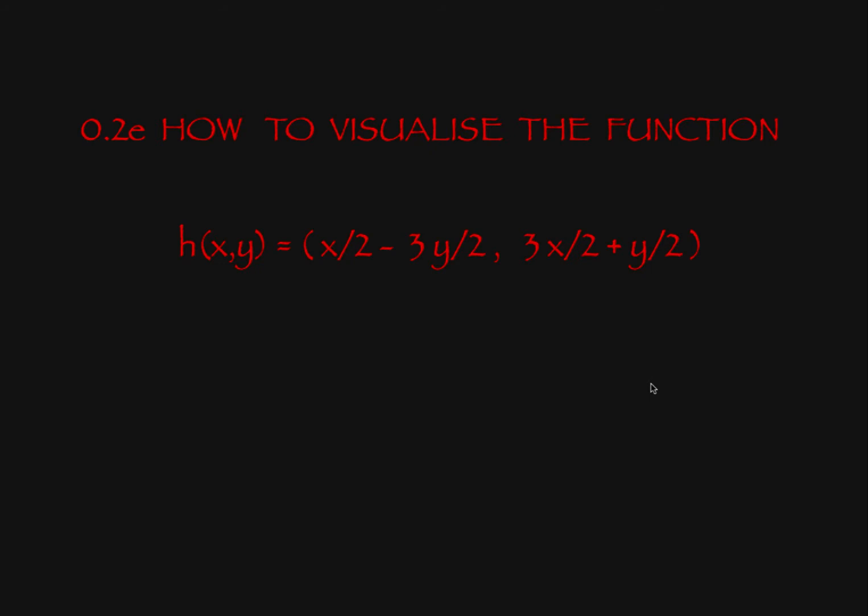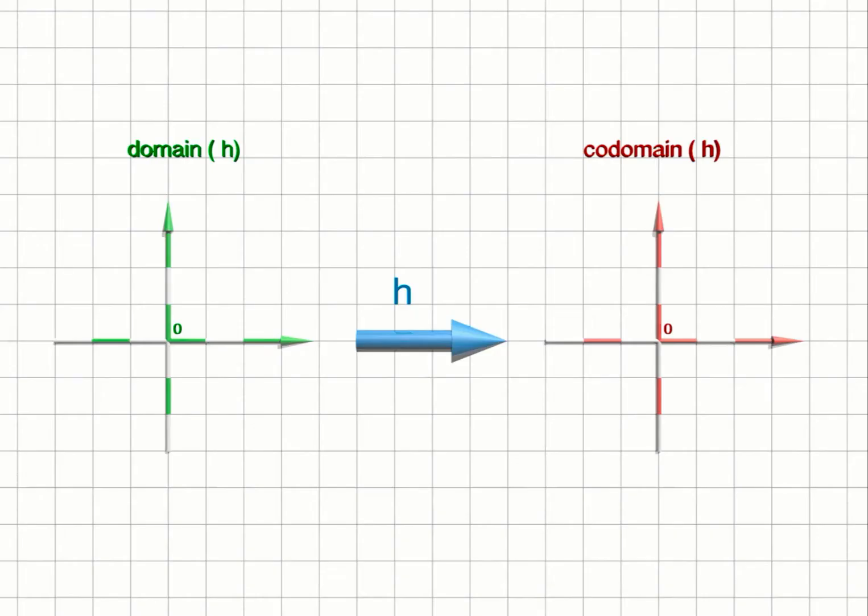This function represents the rotation counterclockwise by 60 degrees. We see on the left the domain of h represented by the Euclidean plane and the two coordinate axes, and the codomain is a copy of the domain. It's not the same as the domain, it's just a copy of it, a two-dimensional Euclidean plane with the two coordinate axes.